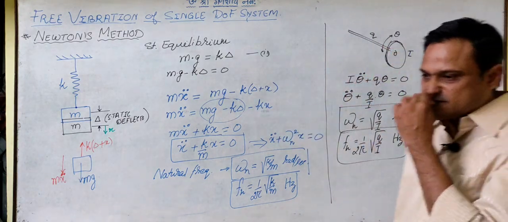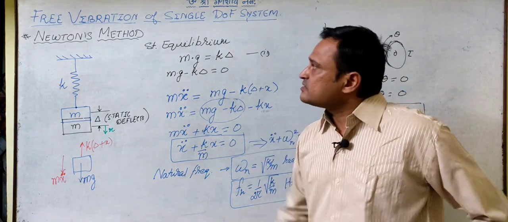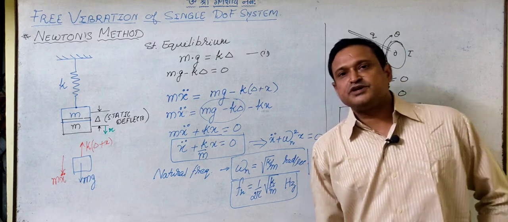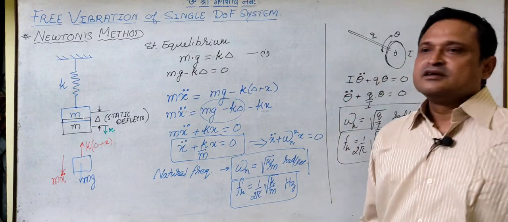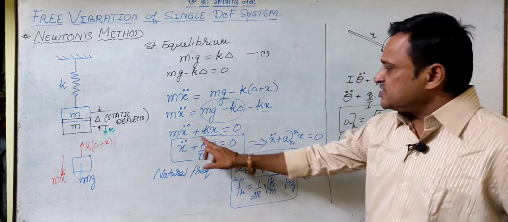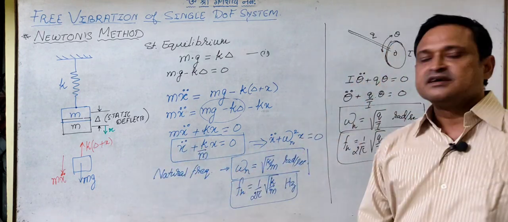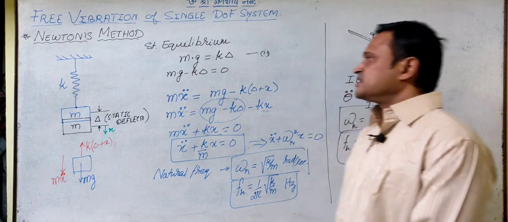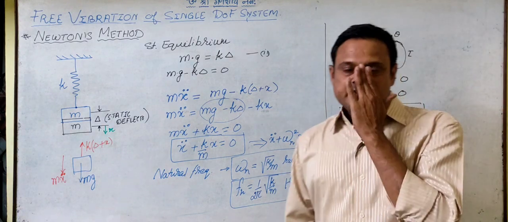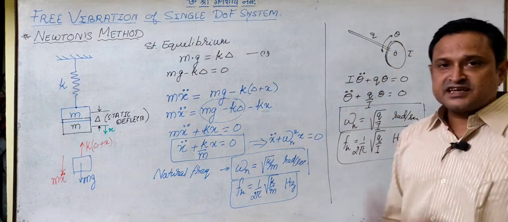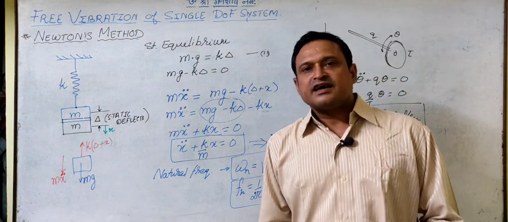So this is one of the methods called the Newton's method, with the help of which we are in a position to determine the equation of motion. With the help of this equation of motion, we can then determine the natural frequency of the given system, where this is a free vibration without damping. Now there is another method which is called the energy method.